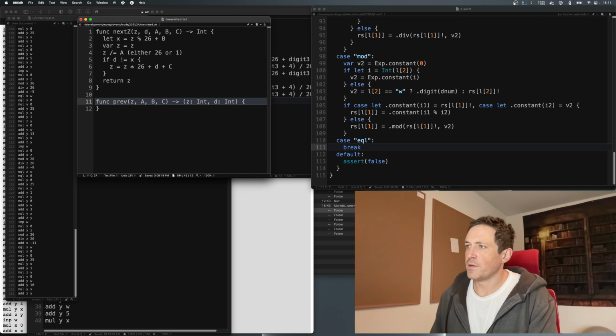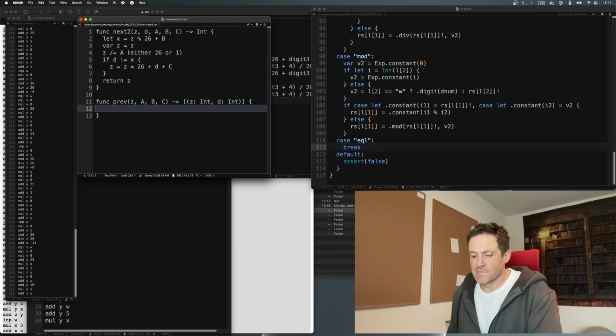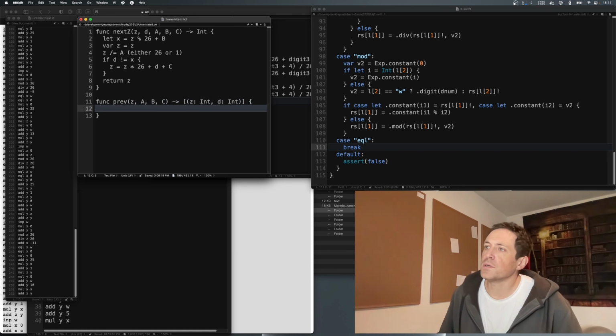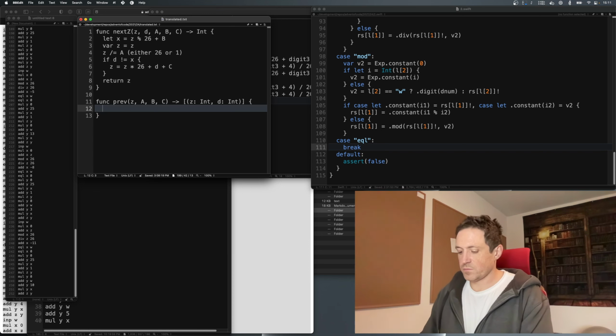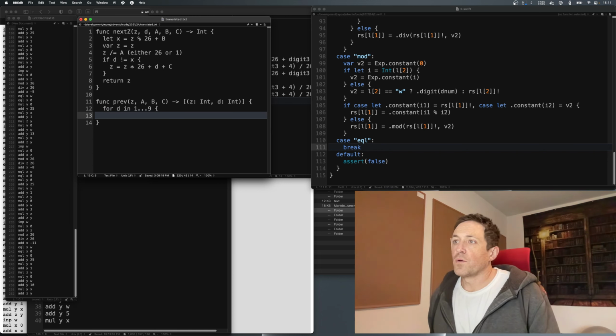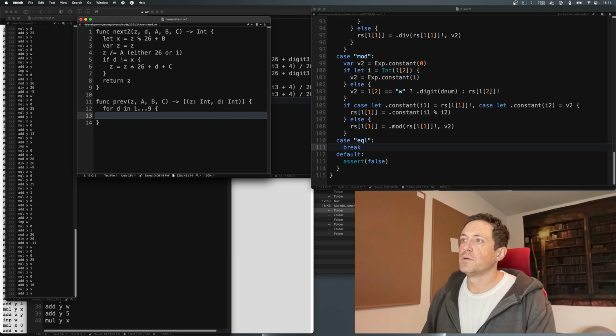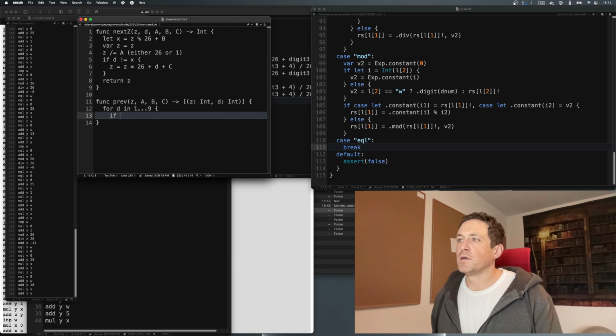Sorry, then we want, because there might be multiple priors, right? Okay, so we do want to do it backwards.